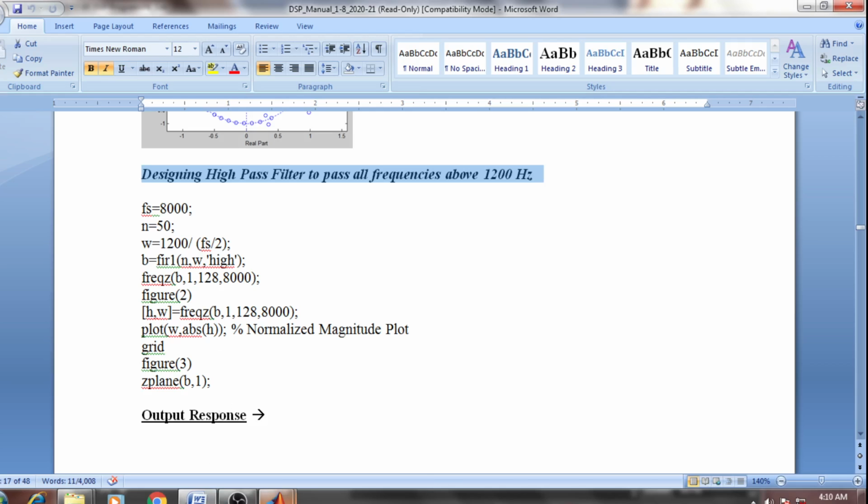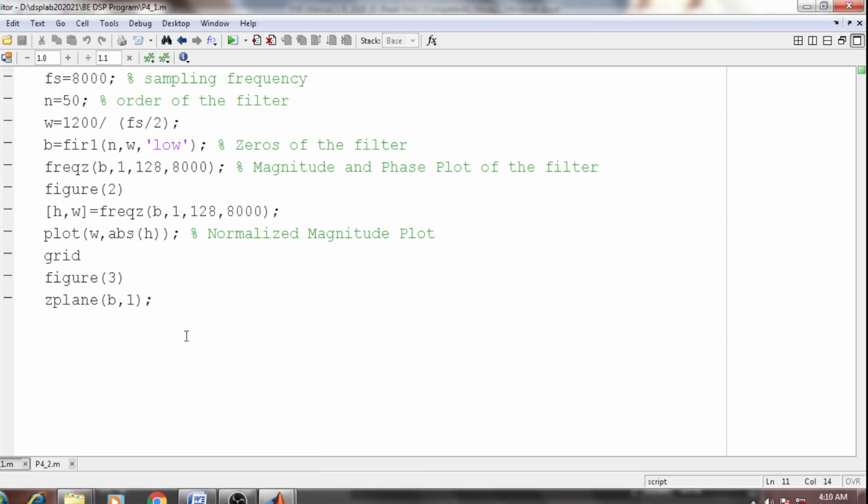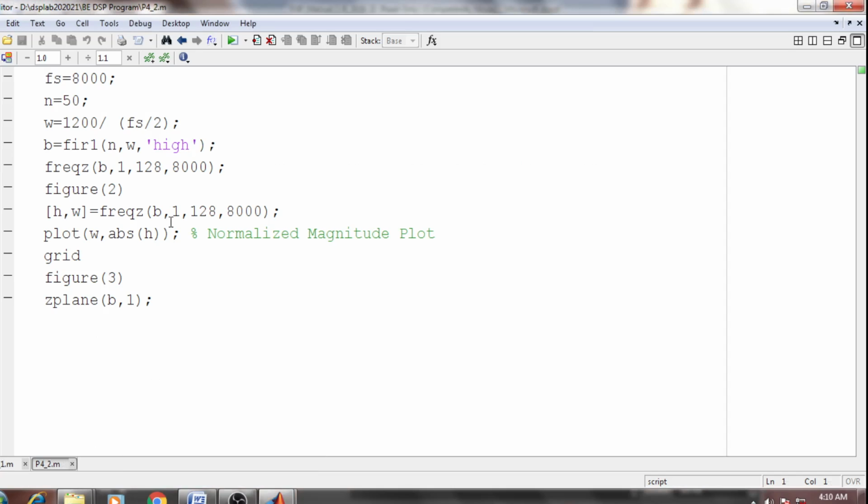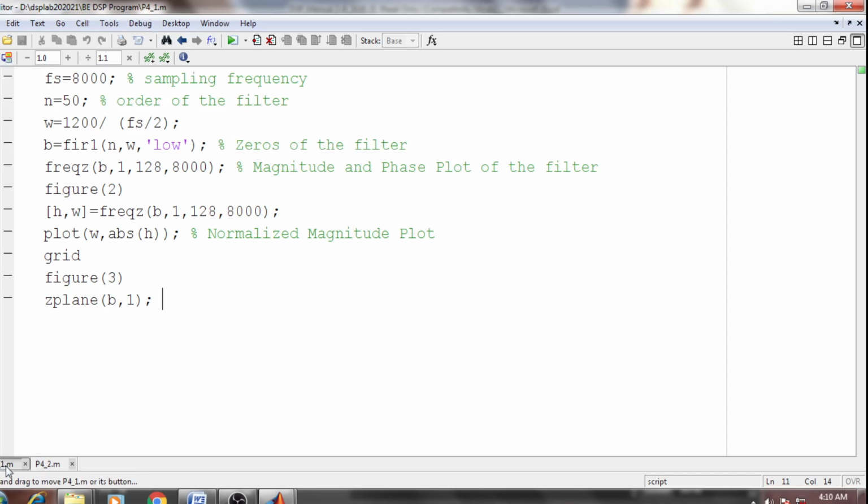See over the MATLAB. Now the second program I am showing you here. Just see if you are able to see. The manual is with you, so you can compare it very easily and clearly.